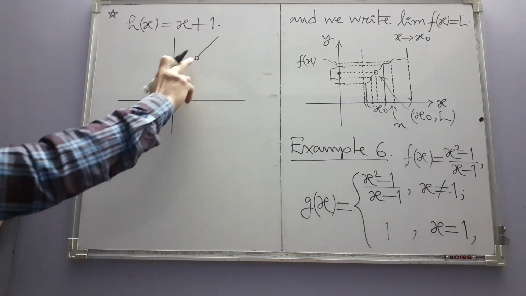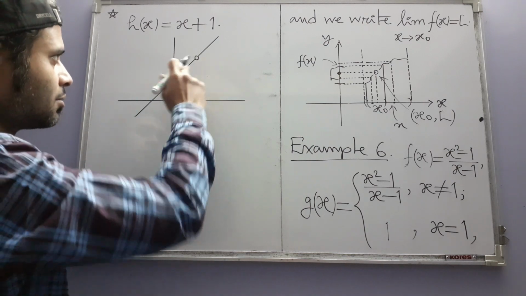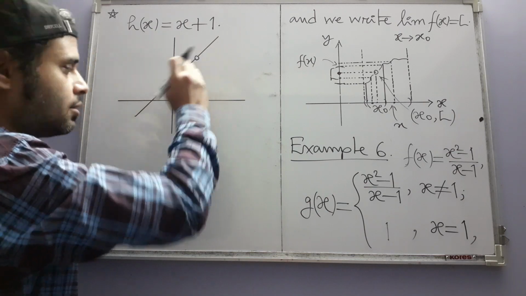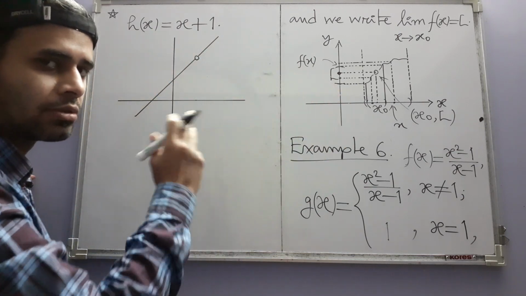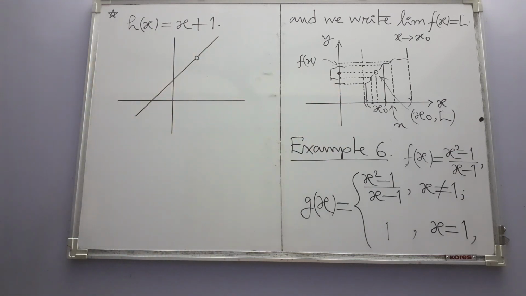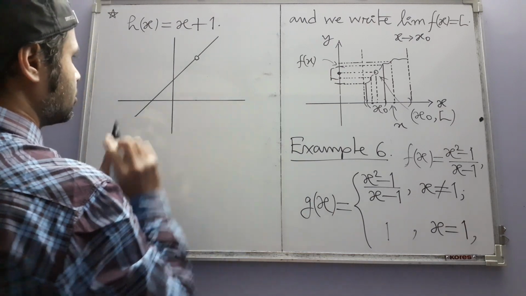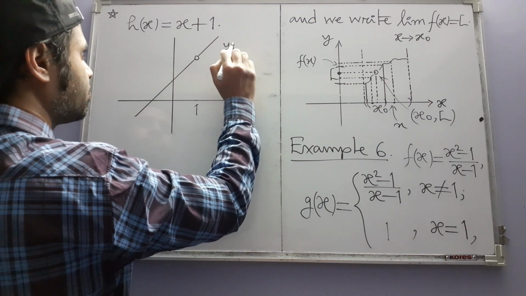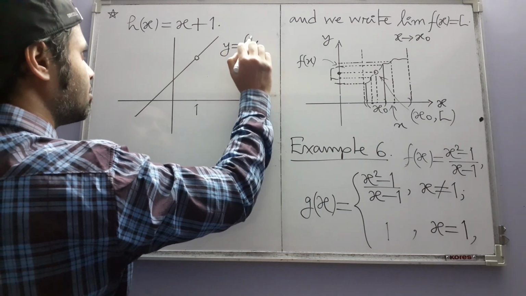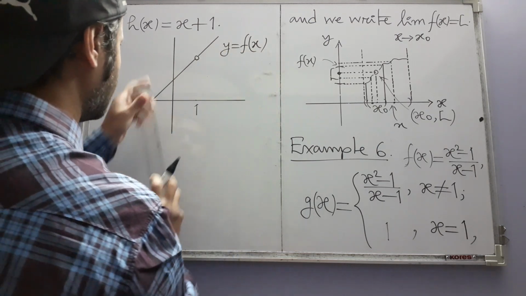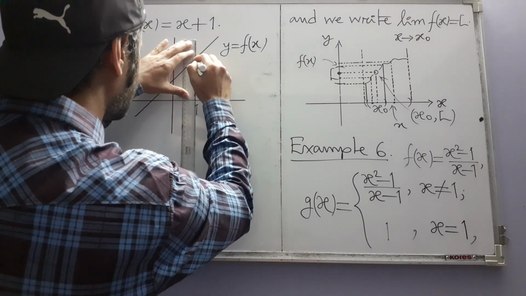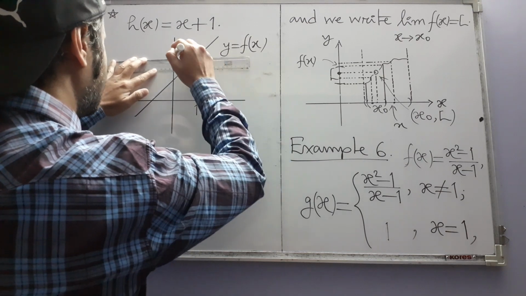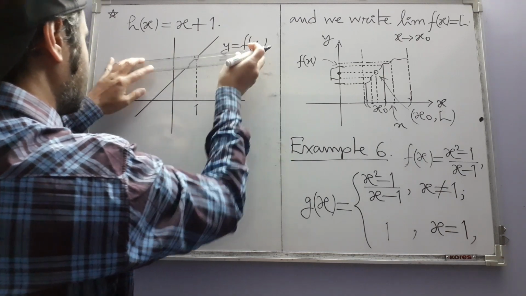I am drawing the circle rather large, so that for you it is at least this large. So this is the graph of y is equal to f(x), and this is the point 1, which is not a point in the domain of f, and this is 2.